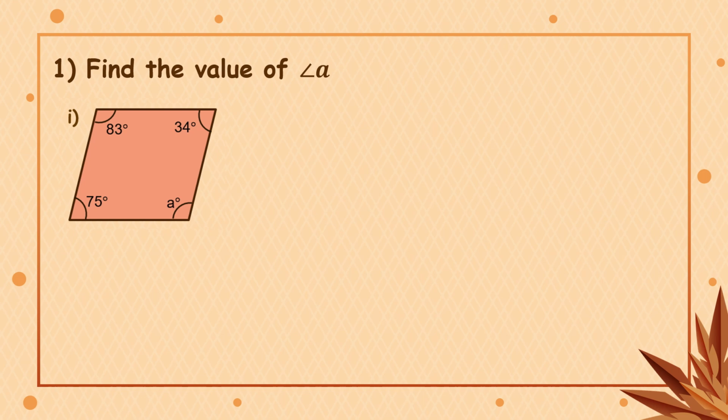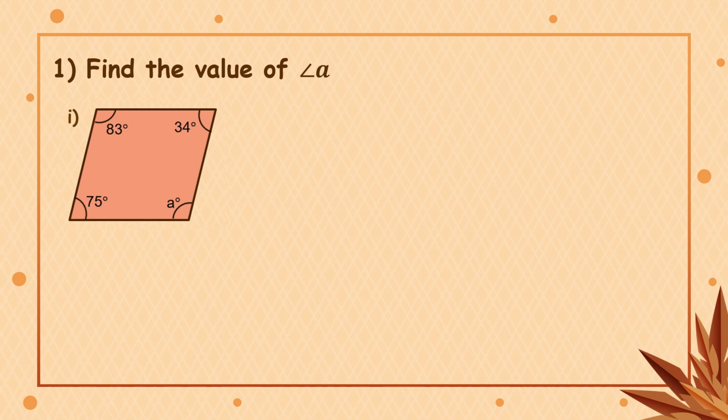Now you tell me, are the given four angles of the quadrilateral lying outside or inside the quadrilateral? Yes, those four angles are lying inside the quadrilateral. Three of the angles have been given, and we have been asked to find the missing angle, angle A.